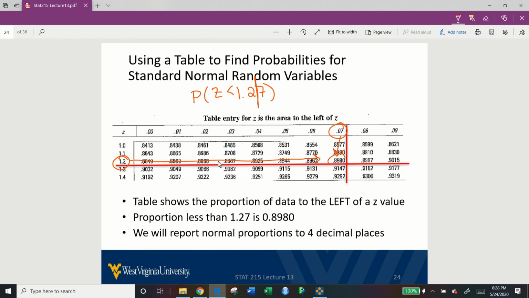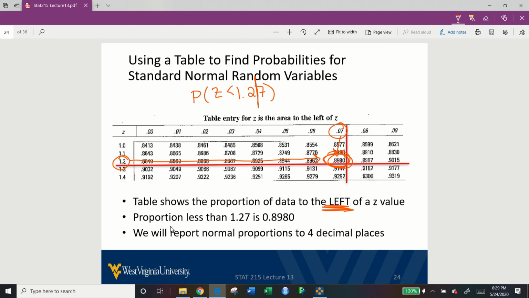And going in, we can find our value. An important thing about this is that this table shows the proportion of data to the left of our Z value. So same thing we were looking for before. It gives us the probability of less than. So we'll still have to do those tricks that I taught you for binomial and Poisson.